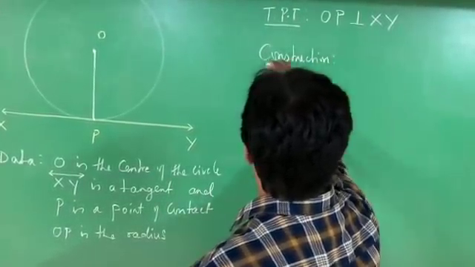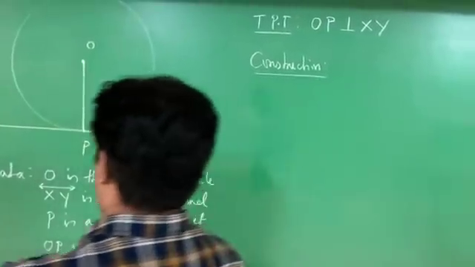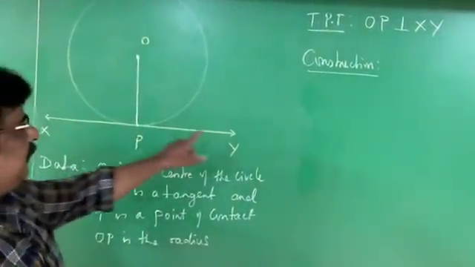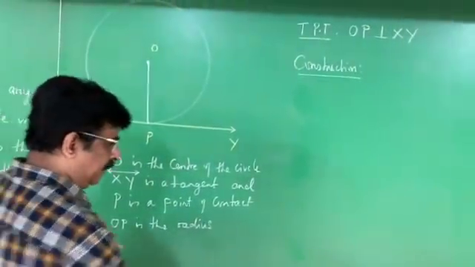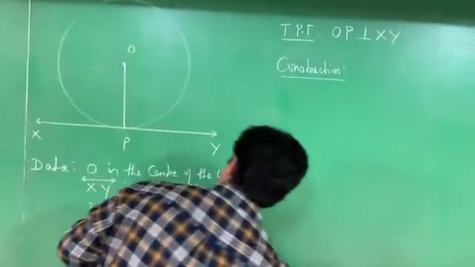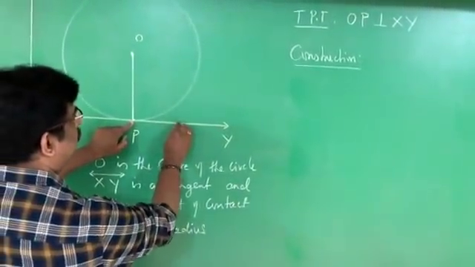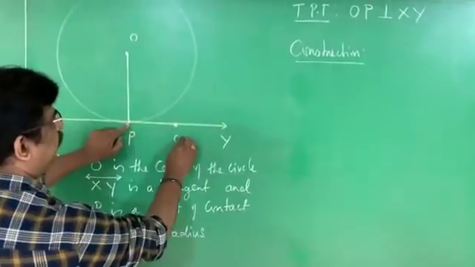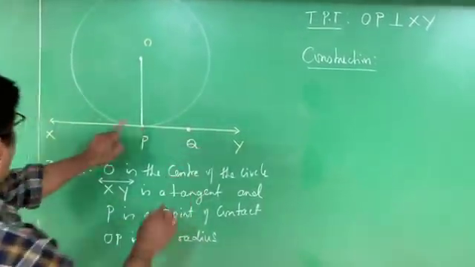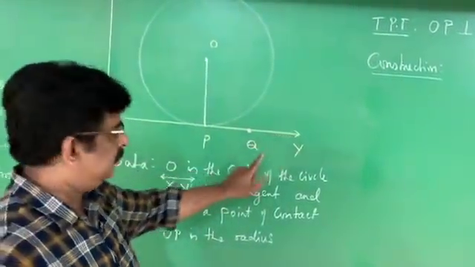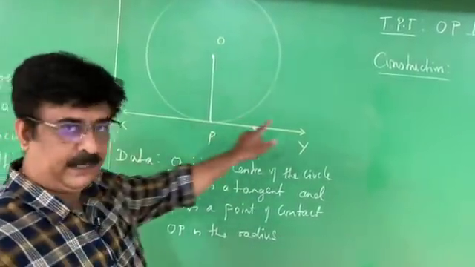The construction is like this. See, XY is a tangent and P is a point of contact. What I do is, I mark a point Q on XY. This Q is on XY.